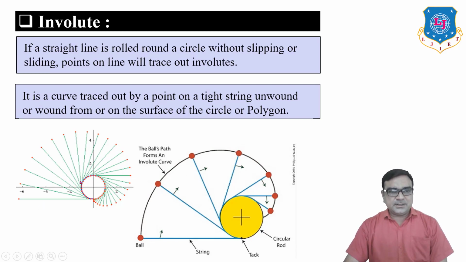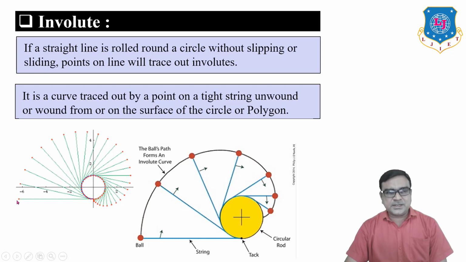Suppose this is my circle and here is one straight line, or you can say one string. Now pick up this end and fix it at the circle circumference, and if we wrap the string around the surface of the circle, this end point goes through different points like this, and after one revolution suppose it is here.